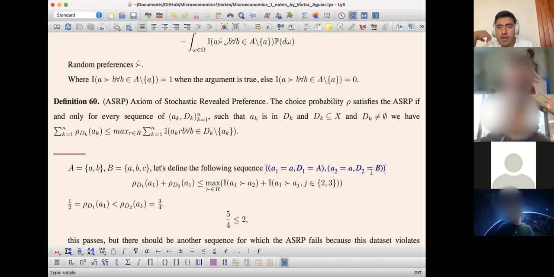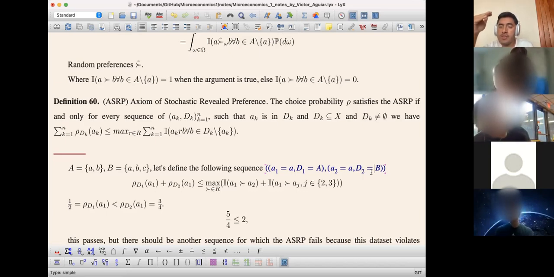One question, what are you testing specifically when you test the inequality of this? Are you testing whether the data that you have is compatible with general random utility, or what? Yes, exactly that. I'm going to test, and this comes in the next term, the hypothesis that the stochastic choice probability, rho, is generated by a random utility framework.